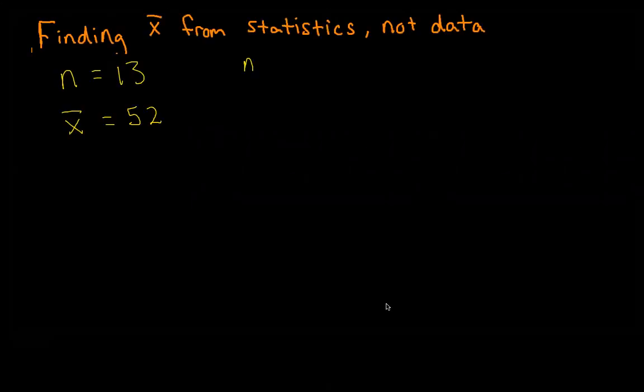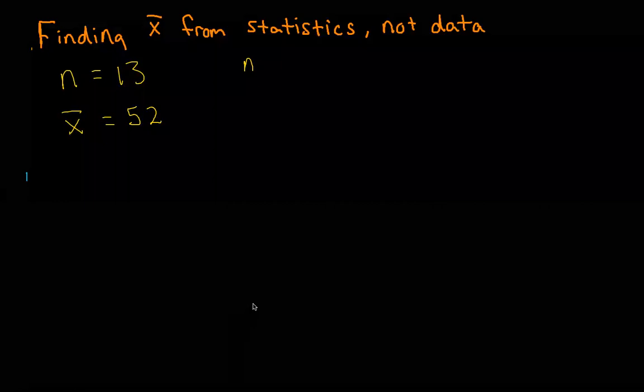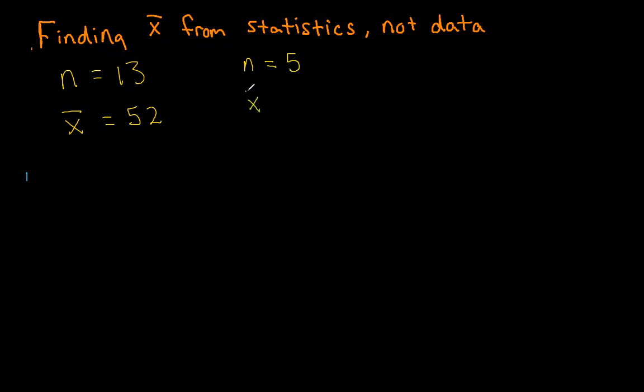Let's have, I don't know, 5 new things, and the average of this group could have been a 61. So if I combined this set of data to this set of data, what would be the combined mean? We'll just call it a new name, like Y bar.